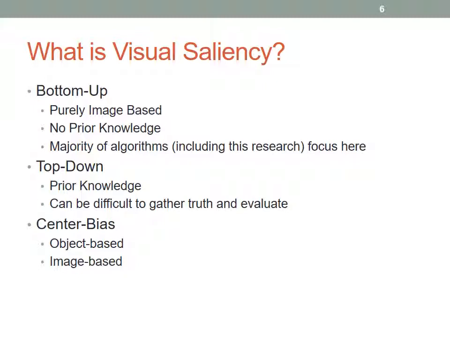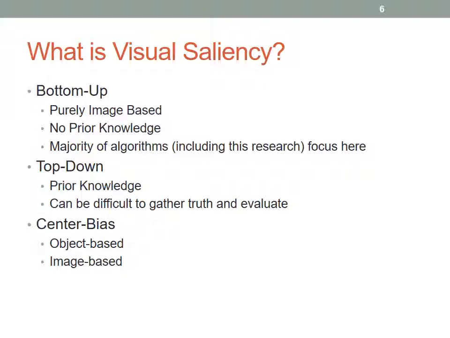Then top down is going to have some prior knowledge. In my paper, I give an example of someone catching a frisbee. If you knew that a frisbee was being thrown at you, you'd be very likely to look at the frisbee versus maybe something else that would get your attention, given that you didn't know a frisbee was coming at you. So this prior knowledge would help you figure out where a human would look.